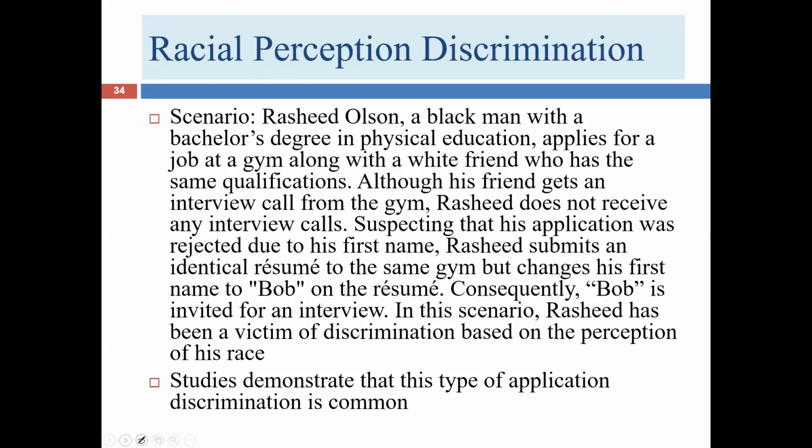This is very common. There's lots of studies that have been done that show this is absolutely a real thing. Some approaches that African Americans and other minorities do is using initials or using a nickname that may have a more neutral meaning to it.